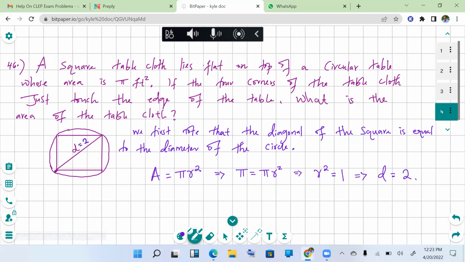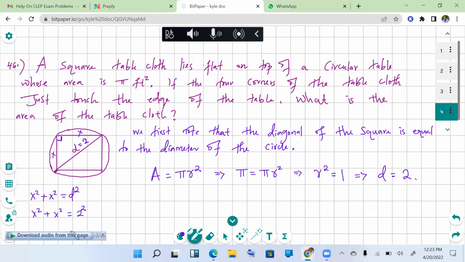Now, let's think of one part of the square as a right triangle, and let the other sides of the square be x. Then we can use Pythagoras theorem. Notice that x squared plus x squared equals d squared. But d is 2, meaning that x squared plus x squared equals 2 squared.